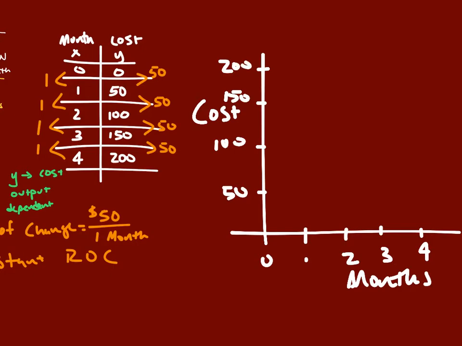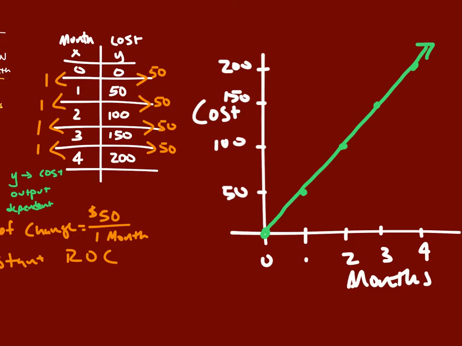I've got the point 0, 0. After 1 month, I've paid $50. After 2 months, $100. After 3, $150, and after 4, $200. What I have here is a linear relationship, and what this creates is a line. As long as my rate of change is constant, we're just going to have a line.